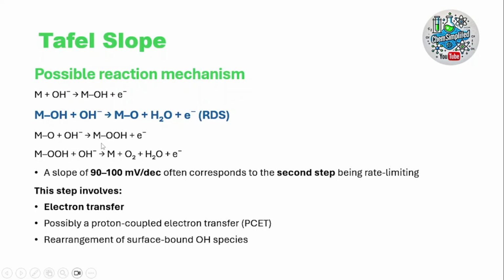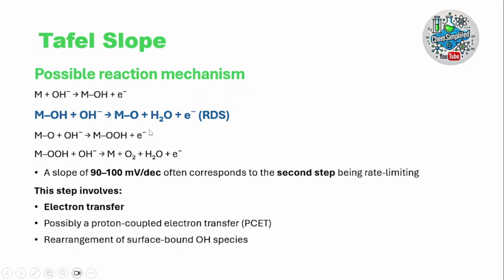And then the third step, again the formation of metal hydroperoxide, and then in the last step the evolution of oxygen. As we have calculated the slope around 90 millivolt per decade, a slope value between around 90 to 100 millivolt per decade often corresponds to the second step being the rate limiting step. So in our reaction this step would be the rate determining step.